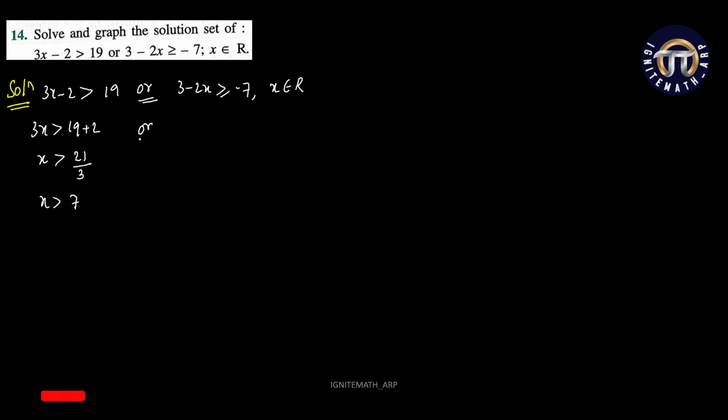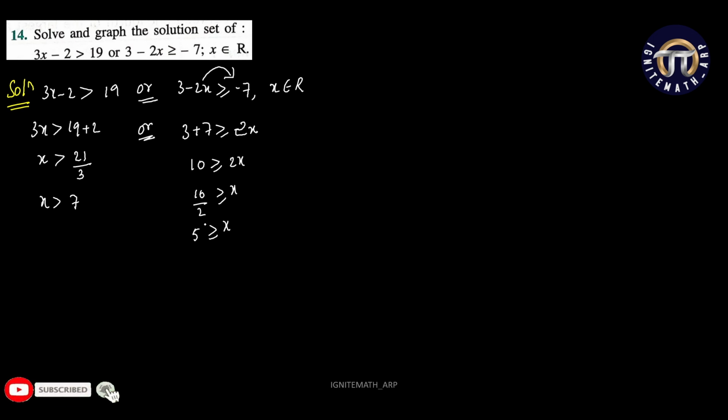Okay, so or, then I would take minus 2x on the other side. 3 plus 7 greater than or equal to plus 2x. Okay, so 10 equals 2x over here. X is smaller than or equal to 10 divided by 2. X is smaller than or equal to 5. Okay, clear. So both the values to be represented on the number line. Clear?